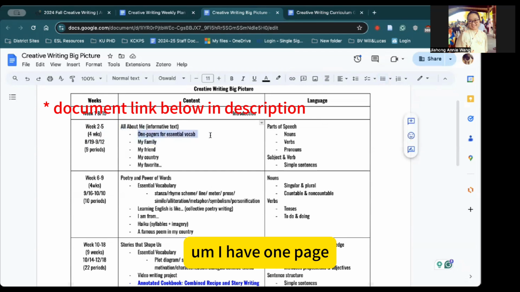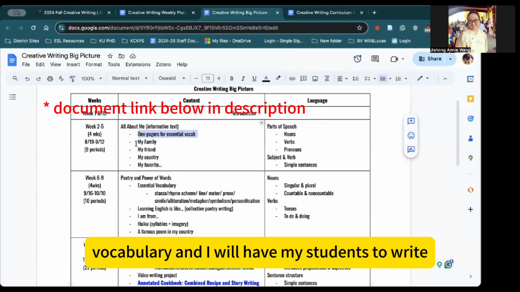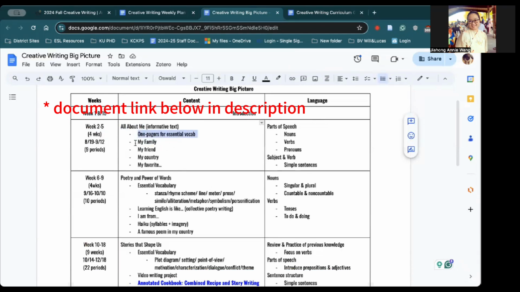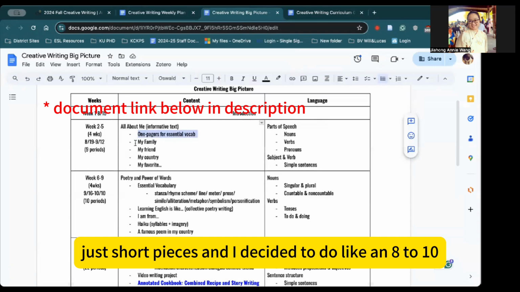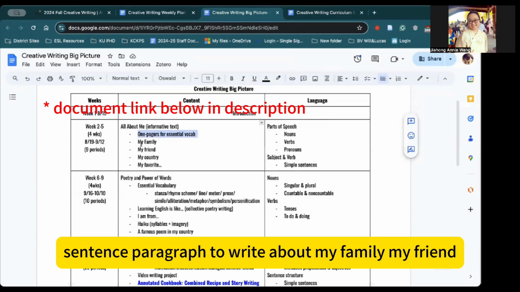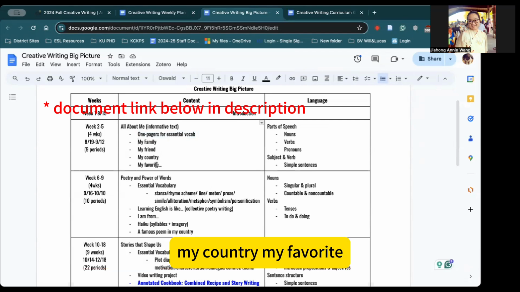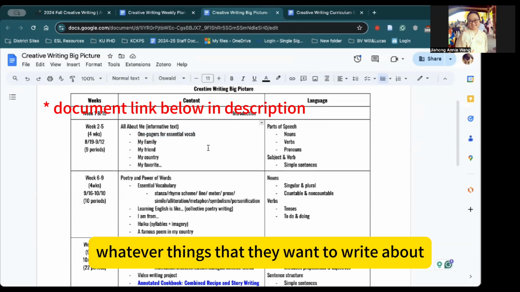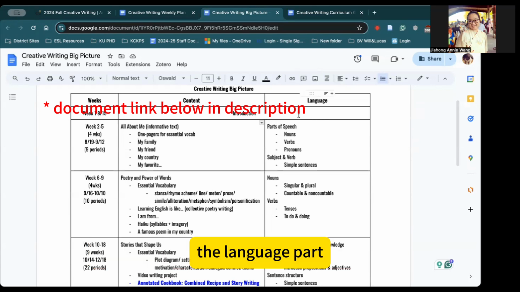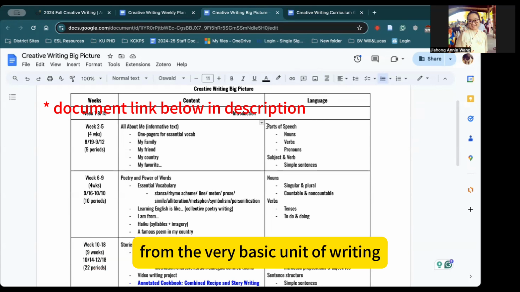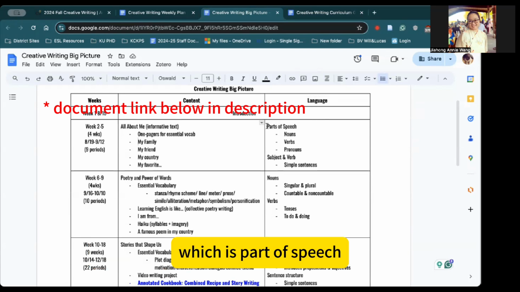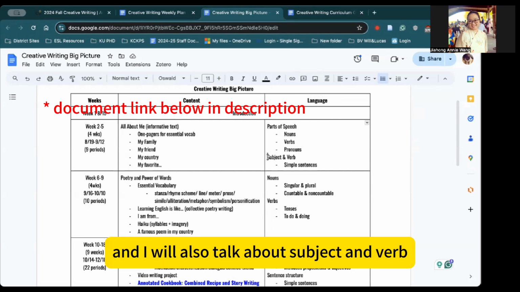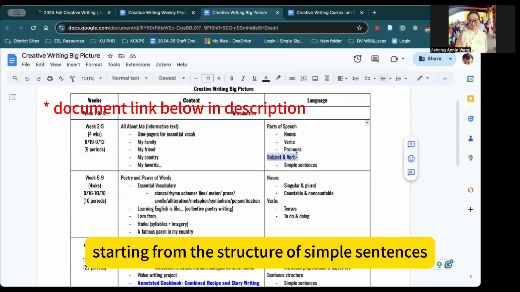I have a 1-pager for essential vocabulary, and I will have my students write short pieces. I decided to do an 8 to 10 sentence paragraph to write about my family, my friend, my country, my favorite, and then they can write about whatever things they want to write about. For the language part, I am going to start from the very basic unit of writing, which is parts of speech. And I will also talk about subject and verb, starting from the structure of simple sentences.